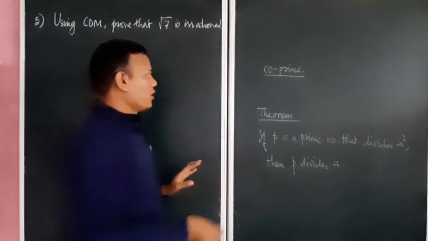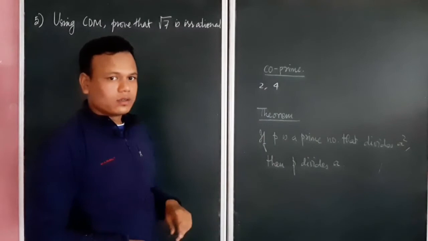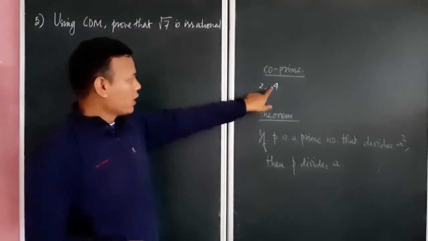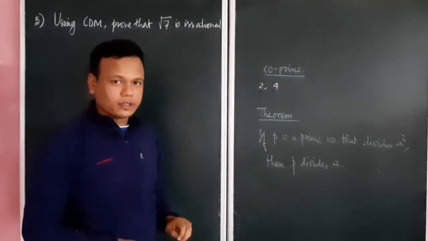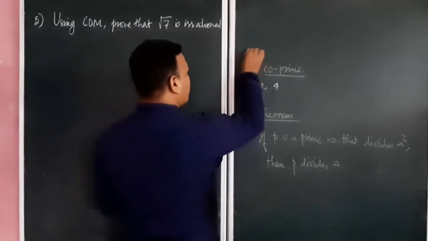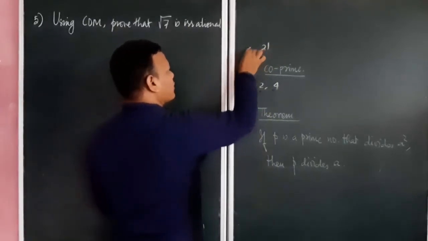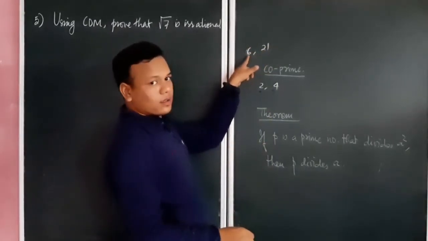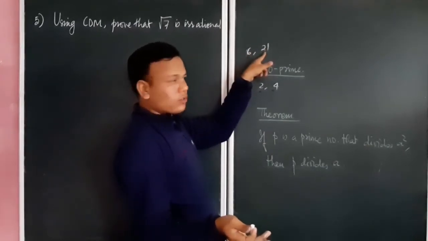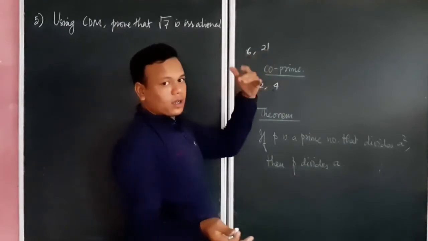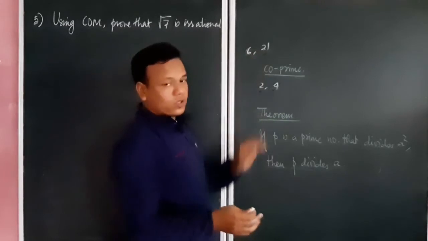For example, if I take 2 and 4, there is a common factor, that is 2, because 4 can be written as 2 into 2. So both contain 2 as a common factor. For example, 6 and 21. Now 6 is a multiple of 3, isn't it? 21 is also a multiple of 3. So 6 and 21 both have a factor 3. That means 3 is a common factor to both of them.